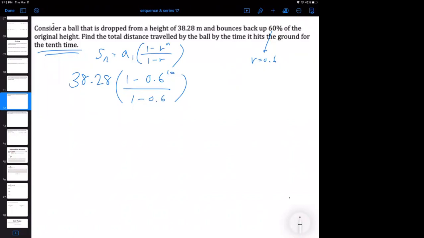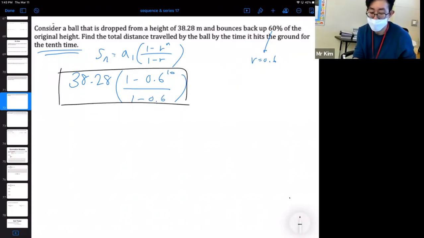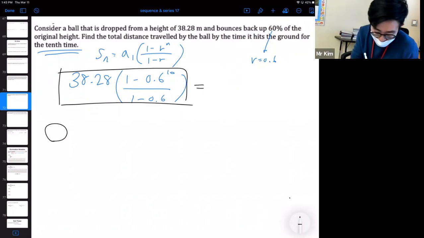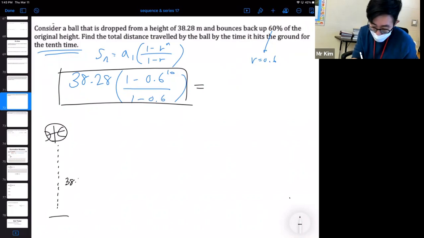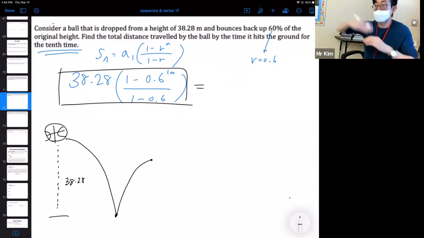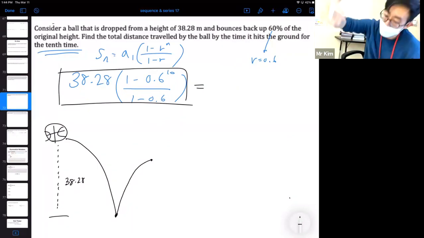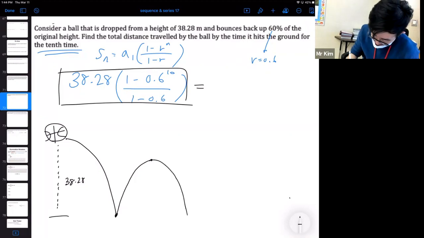So what Bradley is saying is this. If you guys did this, which I'm sure a lot of students have done because you want it to be very straightforward, this is actually not the case because in a real world context, a basketball or a ball, if it bounces, let's say, this height of 38.28, once it bounces, it's got to come up, right? That's 60% of the height. But whatever comes up must go down once again.